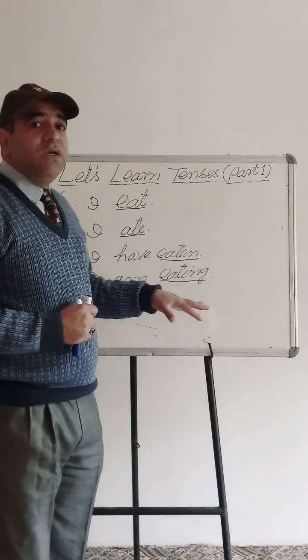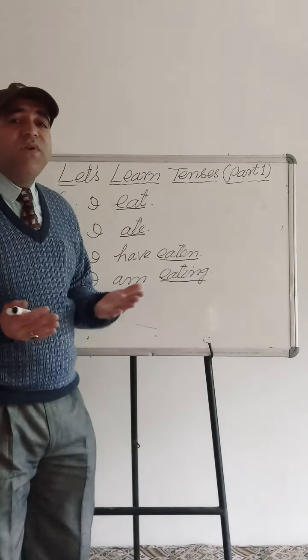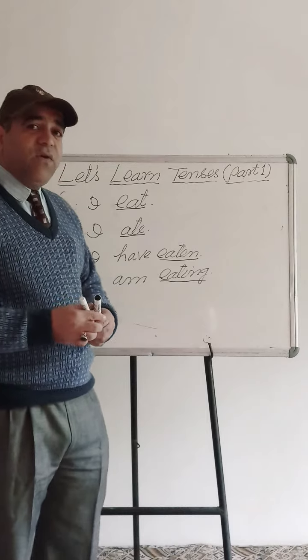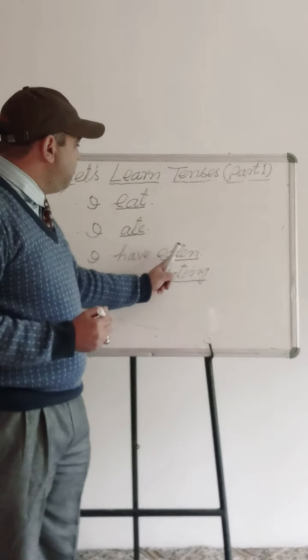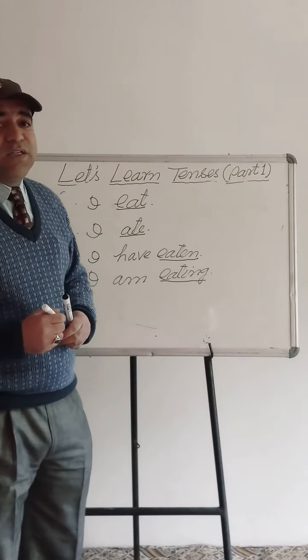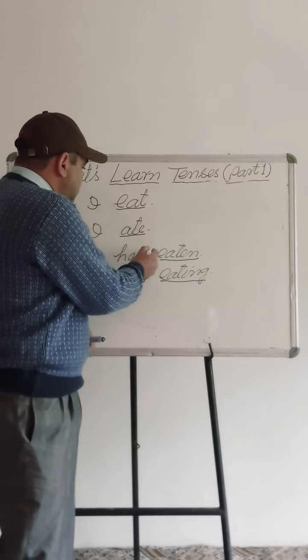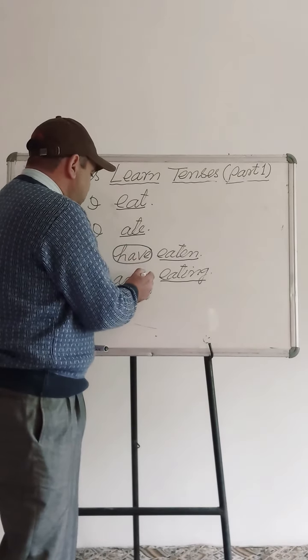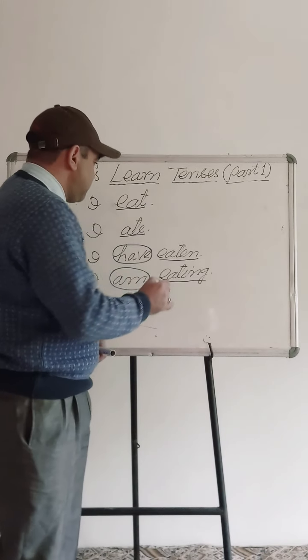When we ponder over these sentences, what do we find? We find that whenever we use participle forms of a verb, past participle or present participle form, we need supports. Here we have used the supports have and am.